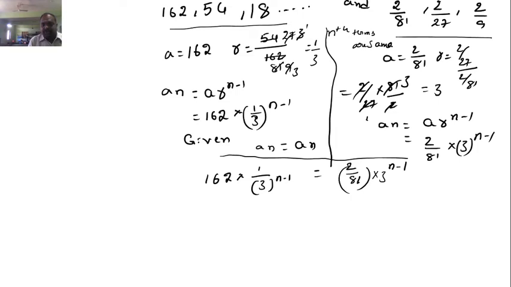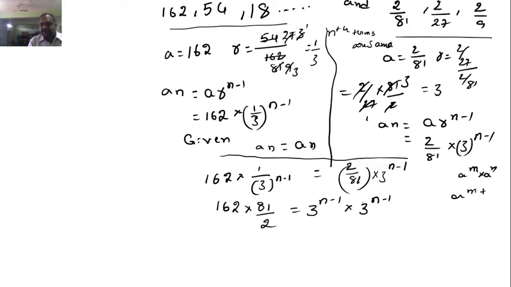Take 2 by 81 to the left side, that means 162 into 81 by 2 is equal to 3 power n minus 1 into 3 power n minus 1. This term is dividing, so if you send it to this side, it will multiply. A to the power of m into a to the power of n is equal to a to the power of m plus n.